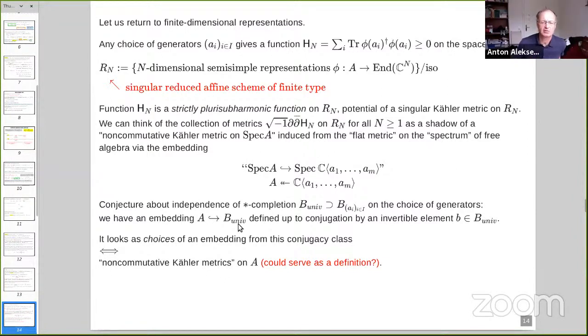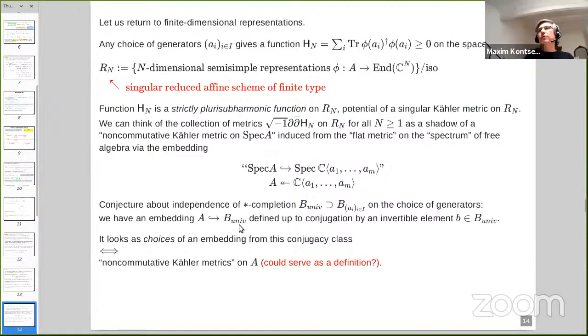Sorry, I have a naive question. What if I have presentations with different numbers of generators? It's okay. So you get different embeddings from A to the universal one. The universal one will still be the same. That's a conjecture. But you say this invertible element B, how would it work if the number of generators is different?